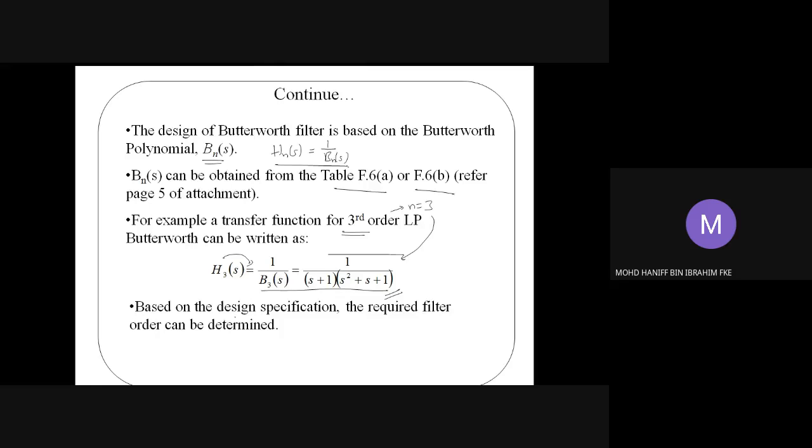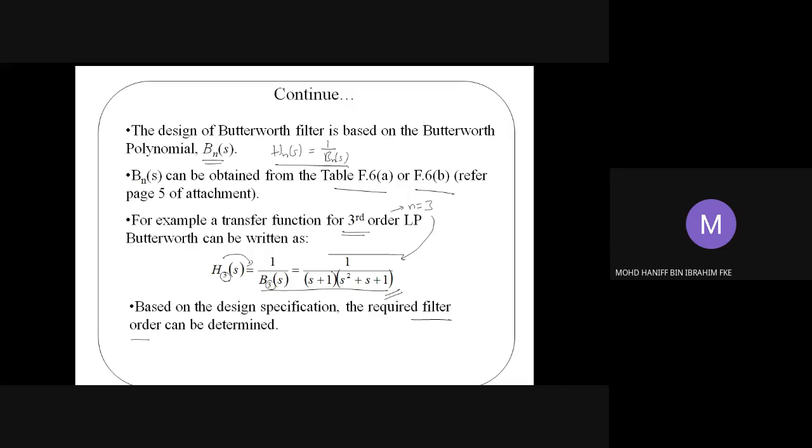As I mentioned earlier, in order to calculate the transfer function of the filter, you need to know the filter order. Once you know the order of the filter, then you can use the appropriate Butterworth polynomial. So let's say, based on the design specification, you manage to get that the filter order equals 4.